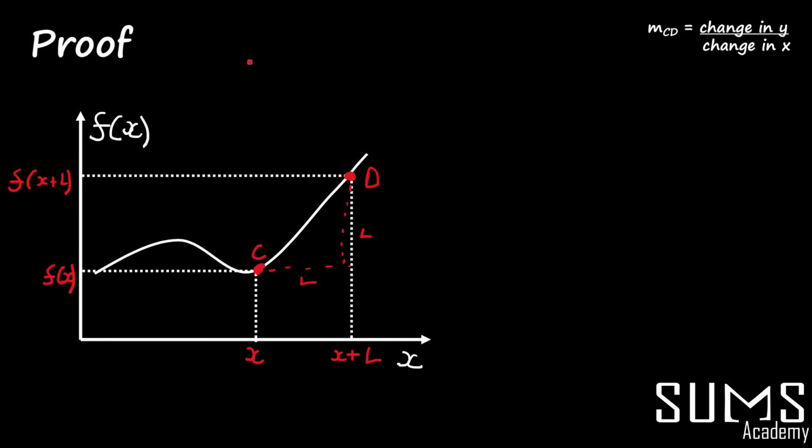Point D has x coordinate x plus L, and its y coordinate is f of x plus L. And then our point C has x coordinate x, and its y coordinate is f of x.